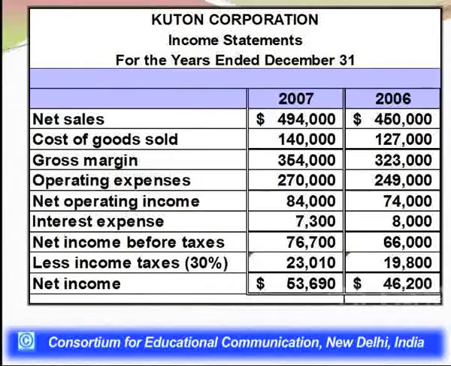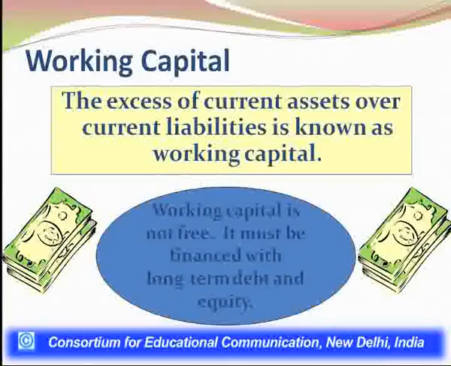So the difference of income before tax, this 66,000 and 76,700, from the tax payable is coming out to be net income, which is 46,200 and 53,690.